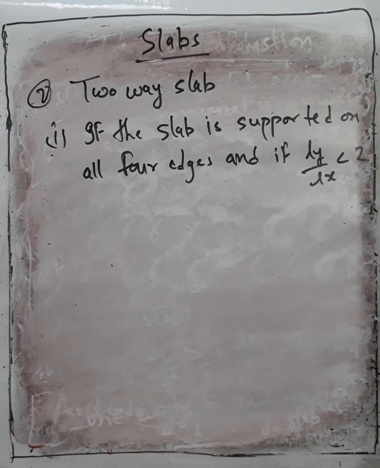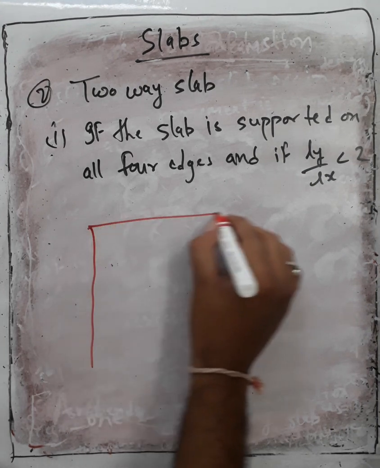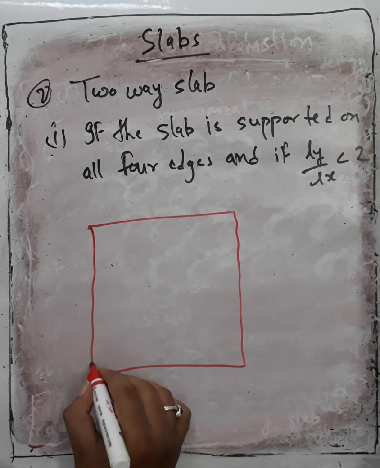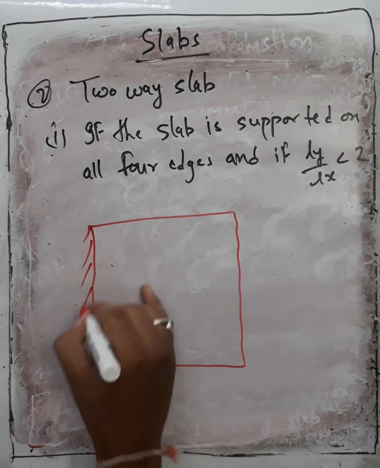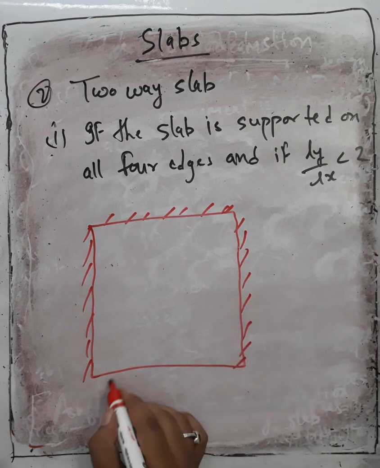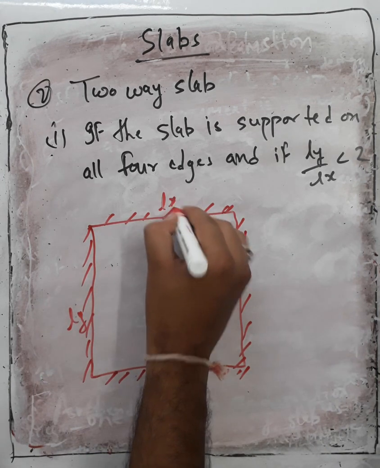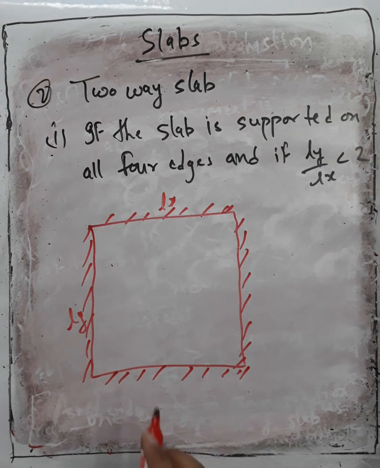Let's see in the diagram. If we have a slab and this slab is supported by all four edges, and this is Ly and this is Lx, then we call this condition a two-way slab.